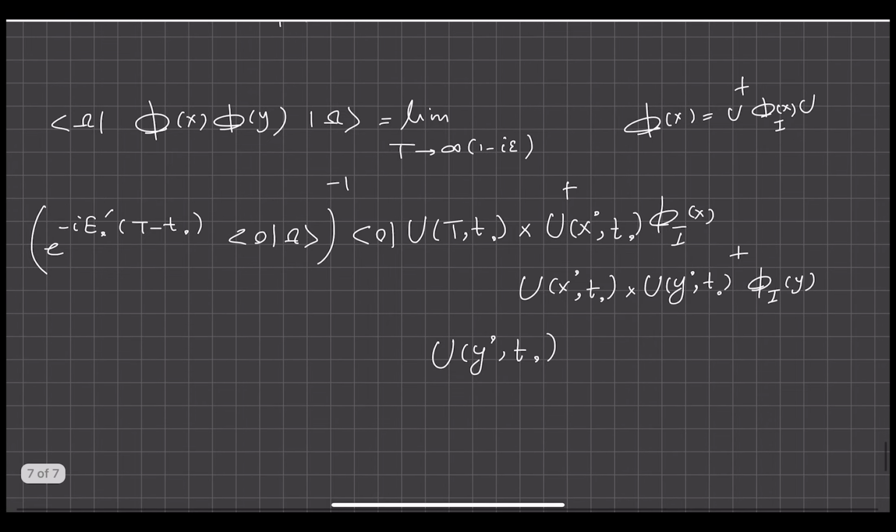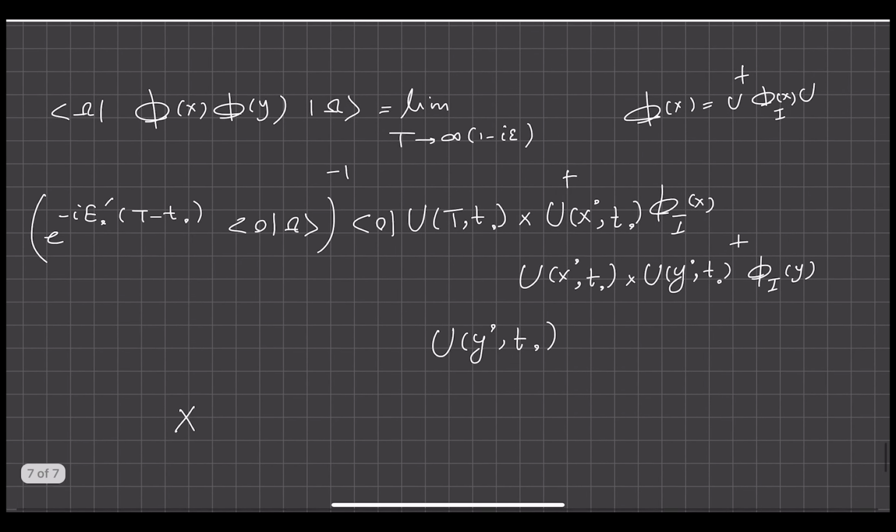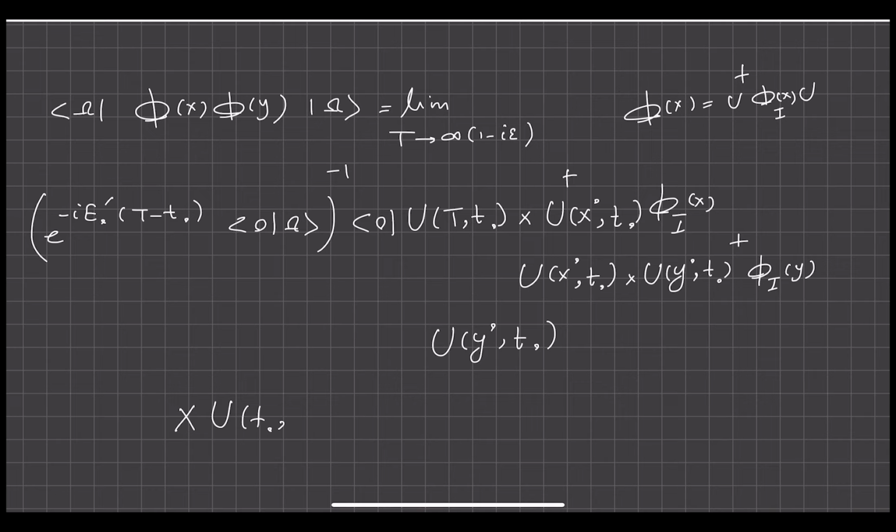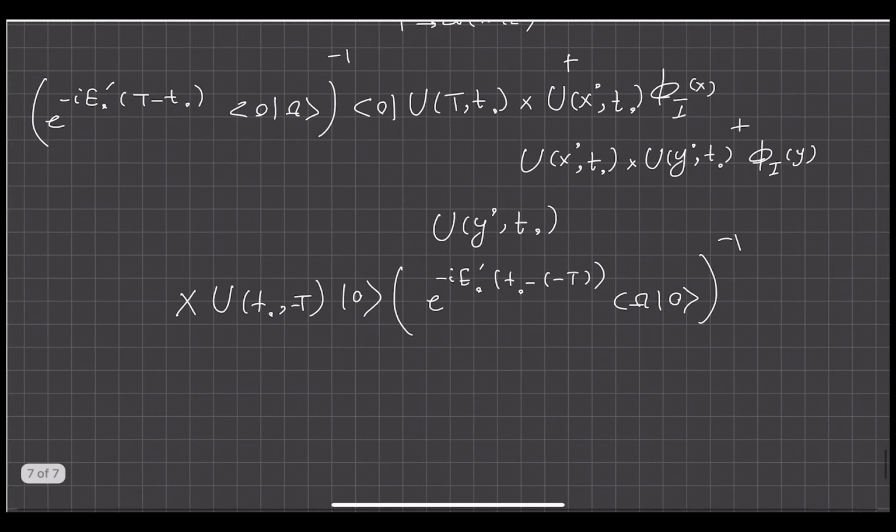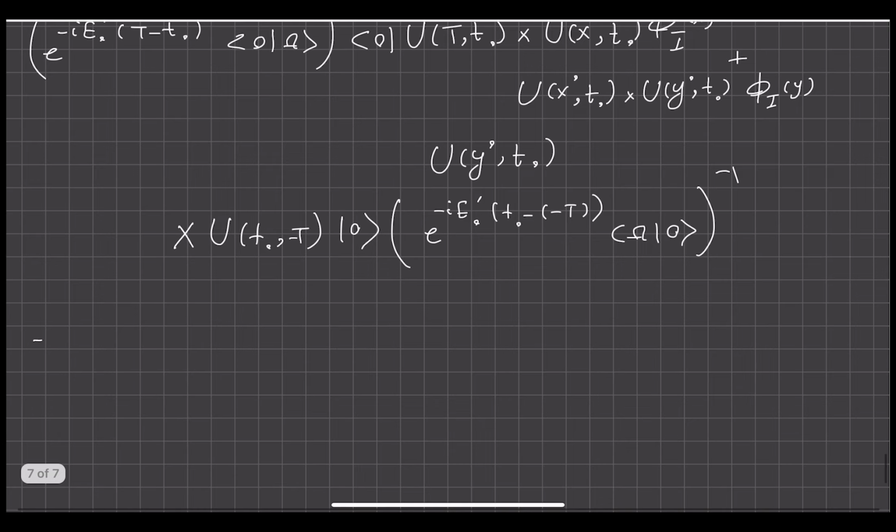So the bra of the omega, this is a very long equation, is U of t0 to minus t, and then you have all those exponential terms here, the exponential of minus i E0 prime (t0 minus t), and then the inner product of omega and 0 to the power of minus 1. So you ultimately are going to have the limit of t.